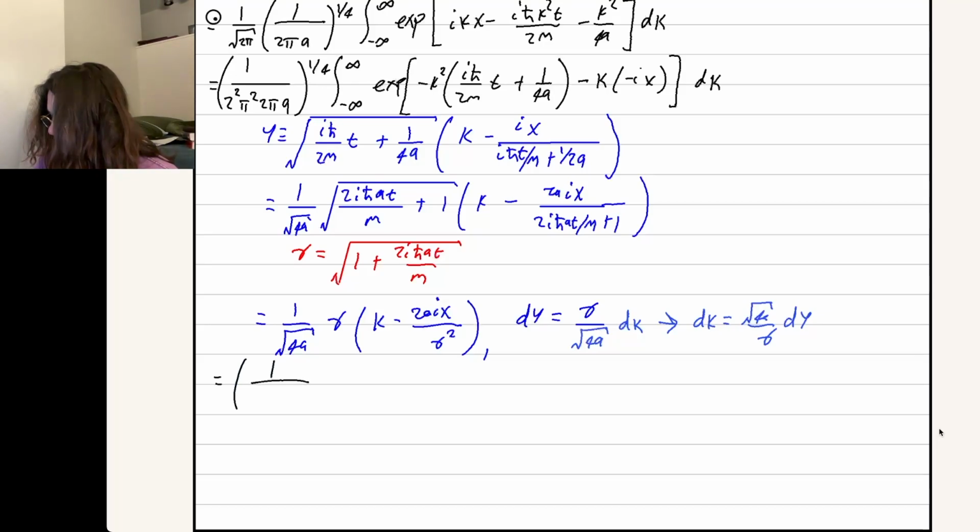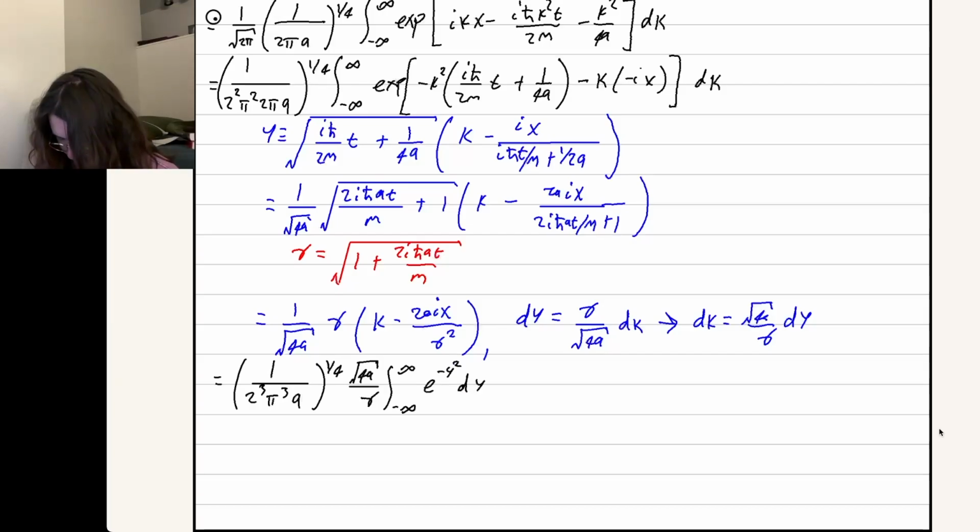In the 1/4 thing, now we just have 2/3 pi thirds a, so 1/4, and then we multiply by our change of variable thing, and also we now have the integral from minus infinity to infinity of e to the minus y squared dy, and then also an additional exponent, which is minus x squared a over gamma squared.